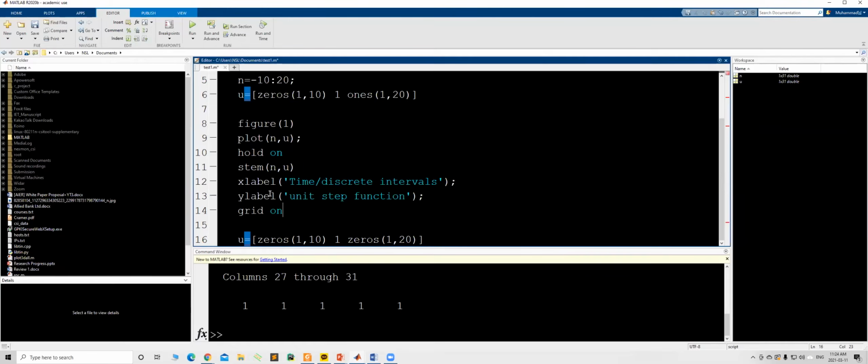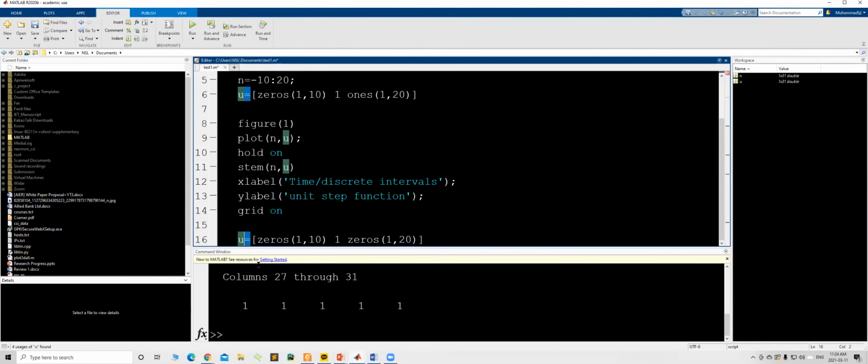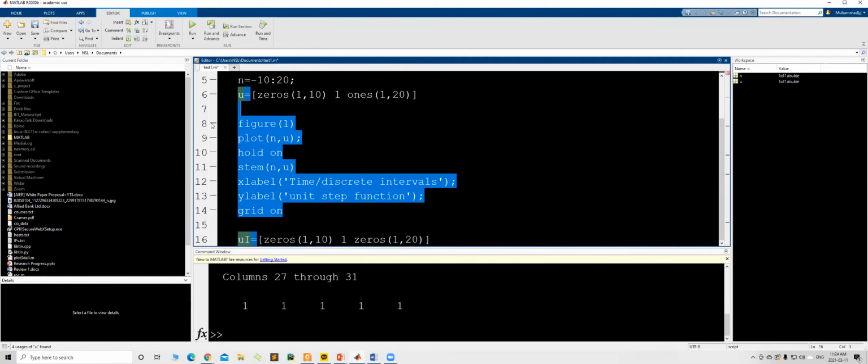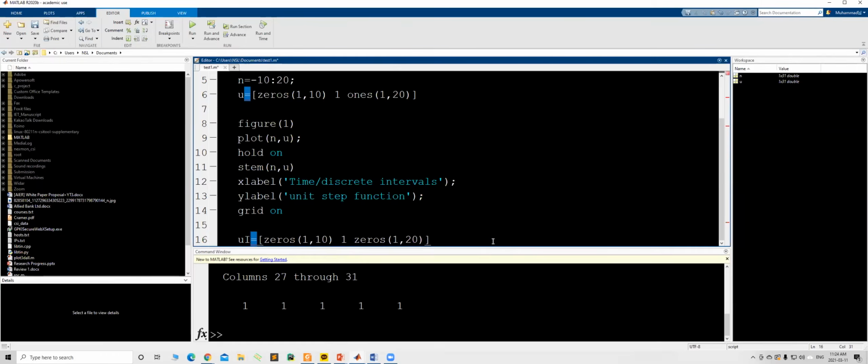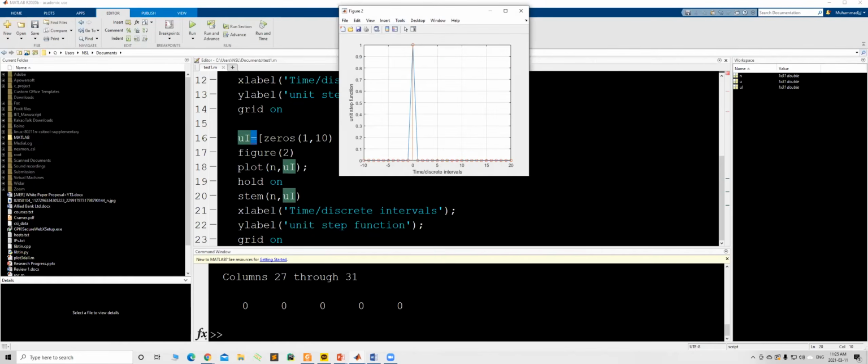And then let's say this is the unit impulse, so I am calling it ui, and I am copying everything from here because all the things are similar. This is figure number 2, and this is the plot n comma ui, and also this is the ui, and then I will simply run it, and this is my unit impulse.